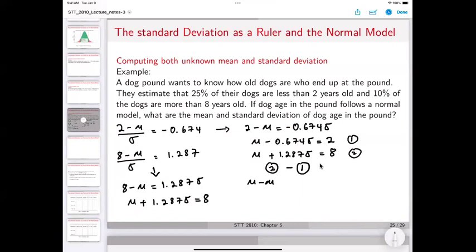That gives you 0. And then we have 1.287 sigma minus negative 0.674 sigma equals 8 minus 2.